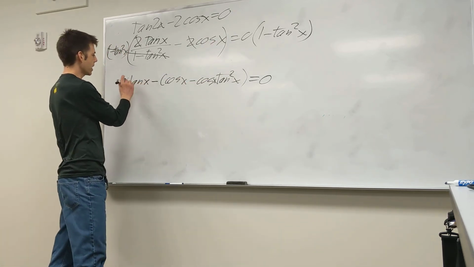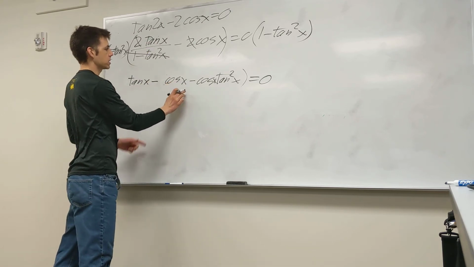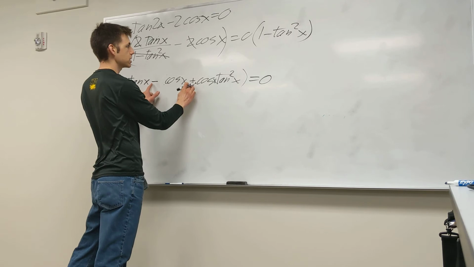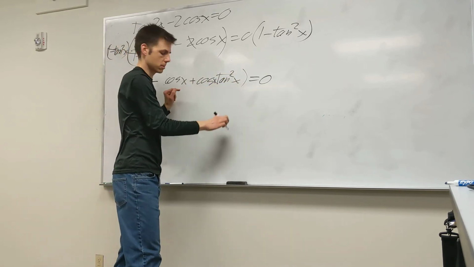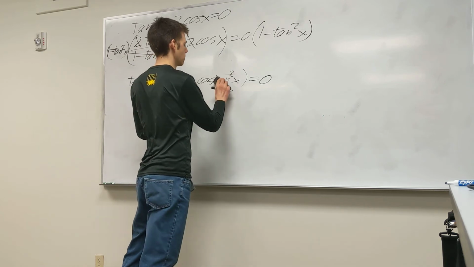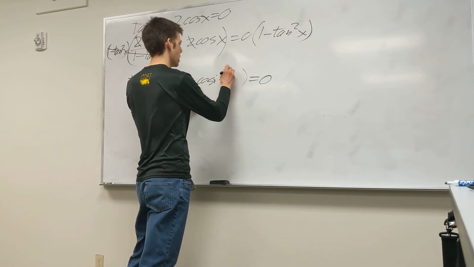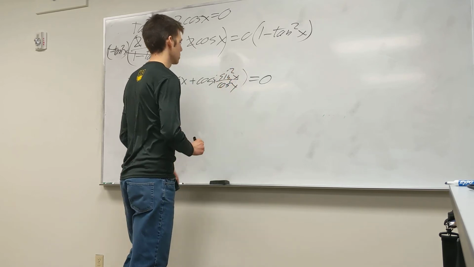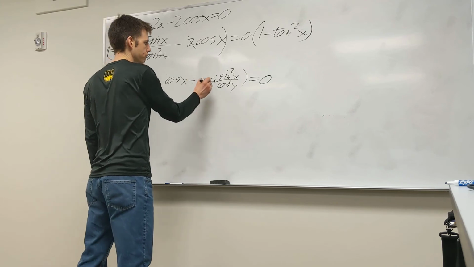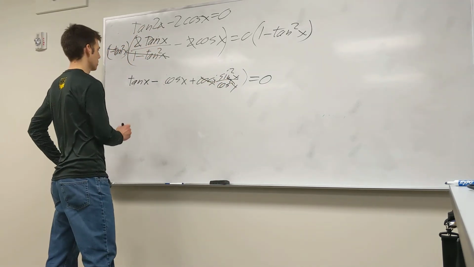Now I have tangent x minus cosine x, and then plus cosine x tangent squared x. But what is tangent squared x? Sine squared x over cosine squared x, right? So I can get rid of that, and then what am I left with?